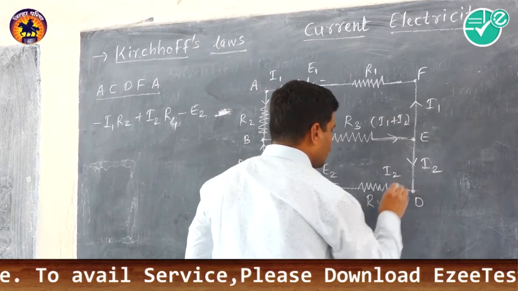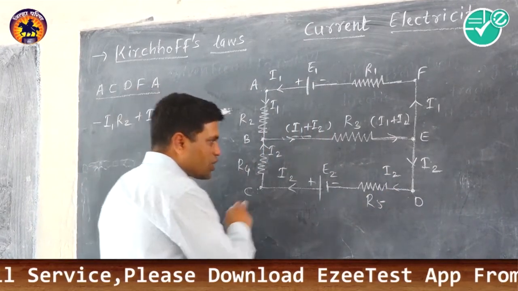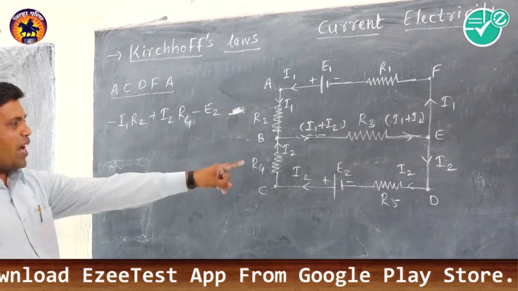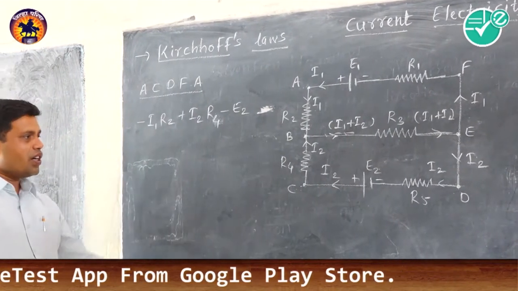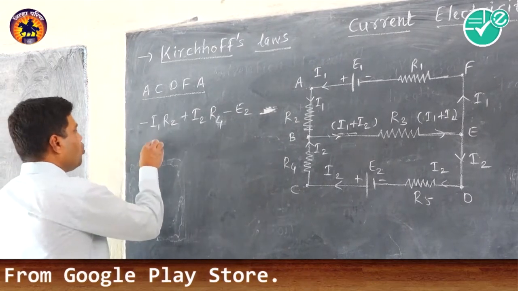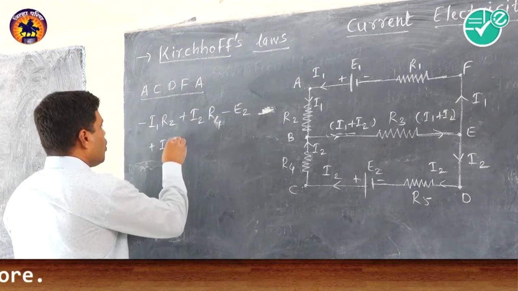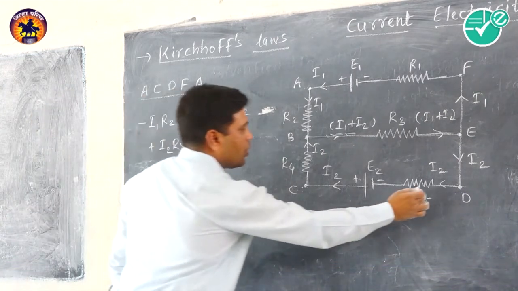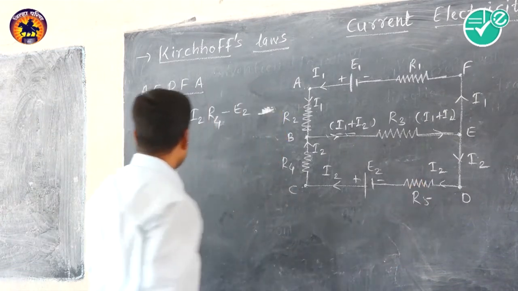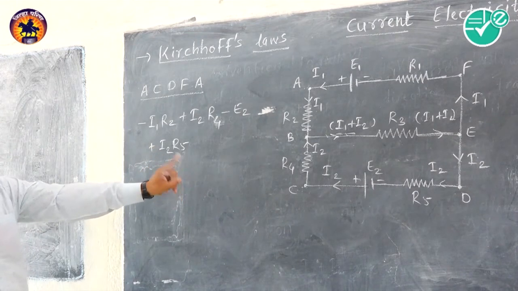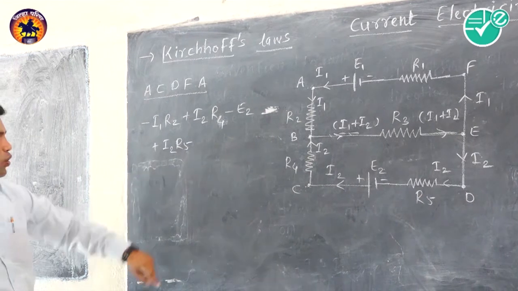We are moving C to D and the current is moving D to C, meaning the direction of I2 is opposite to our direction of traversing the loop. Therefore I2 R5, this potential drop, will be taken as positive. Why positive? Because the direction of current is opposite to the direction of traversing the loop.